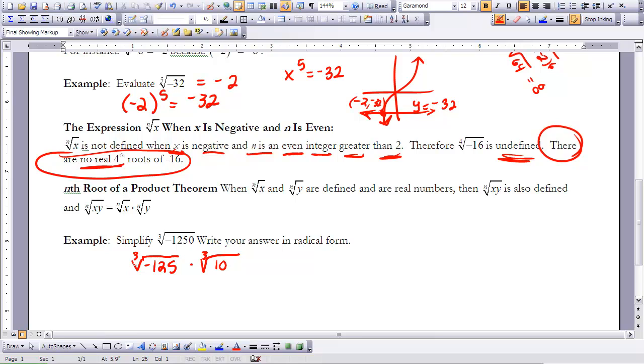I chose that because this is a nice easy answer. The third root of negative 125 is negative 5. Then I combine it with the third root of 10. I can't simplify that, so I will just leave it as negative 5 times the third root of 10.